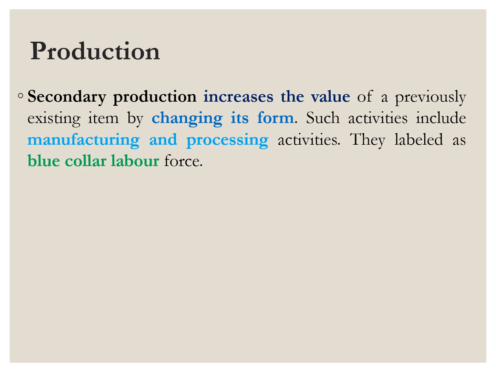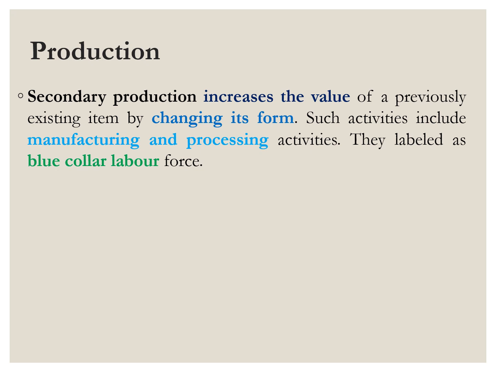Secondary production. Secondary production is like processing the raw materials. So this sector includes all activities that convert raw materials into finished or semi-finished products. It is usually associated with industrial activity. Secondary production increases the value of a previously existing item by changing its form.